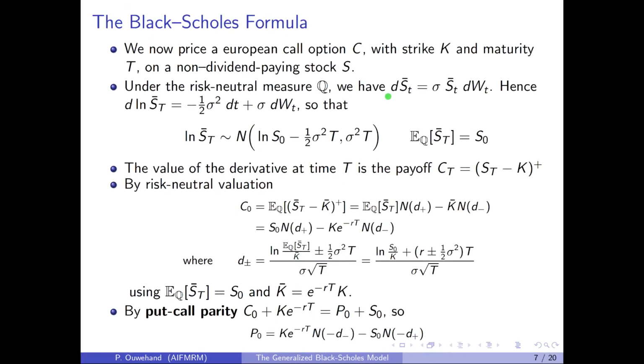Using this log-normal formula, it is now easy to derive the Black-Scholes formula for vanilla options. Suppose now that C is a European call option with strike K and maturity capital T on a non-dividend paying stock S. Under the risk neutral measure Q, the dynamics of discounted S, i.e. S bar, are given as follows.